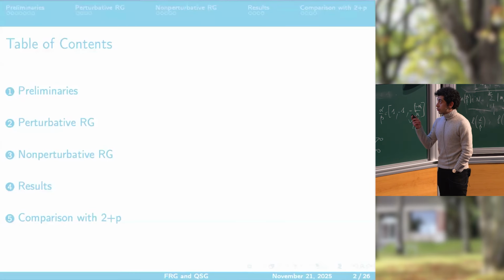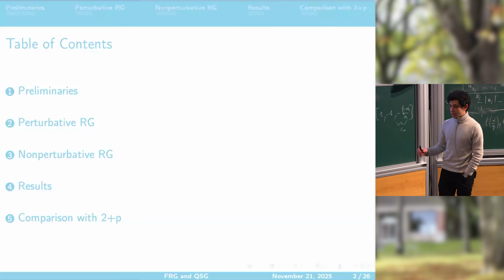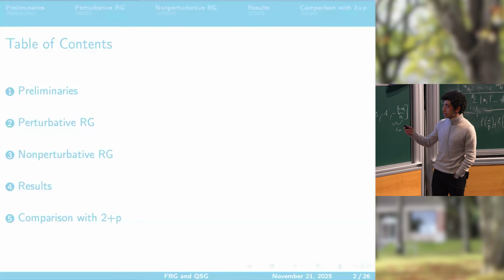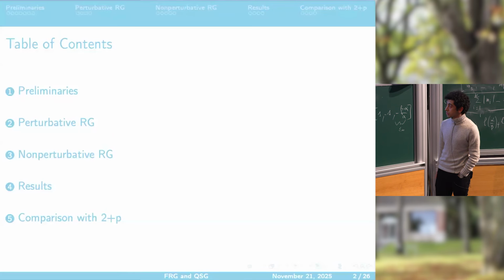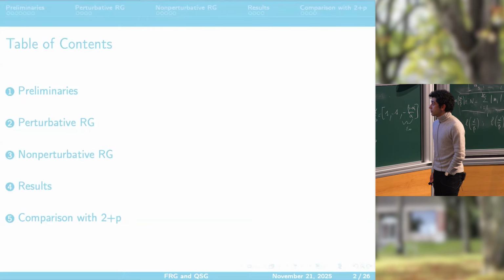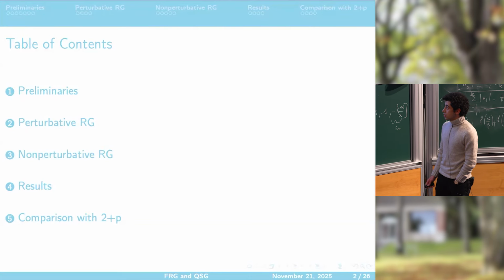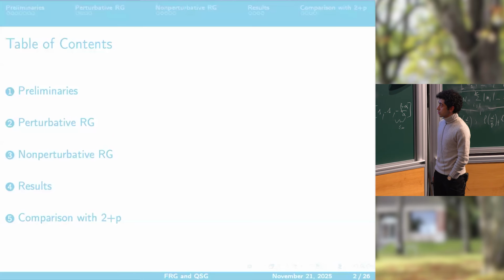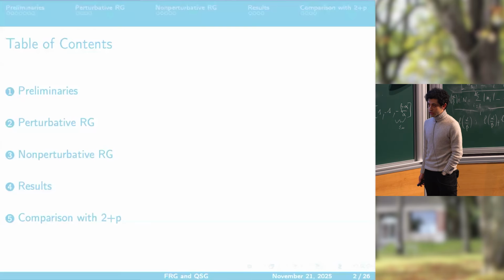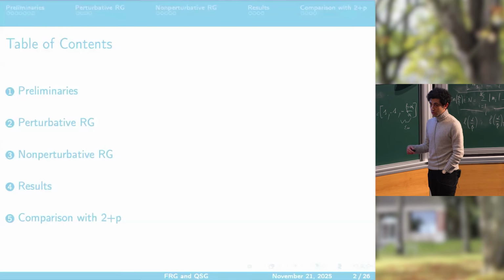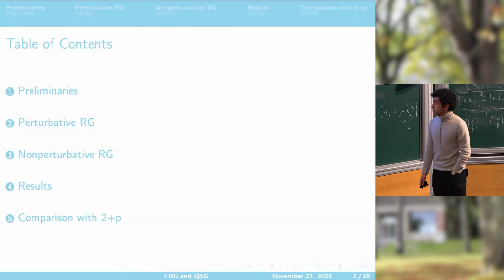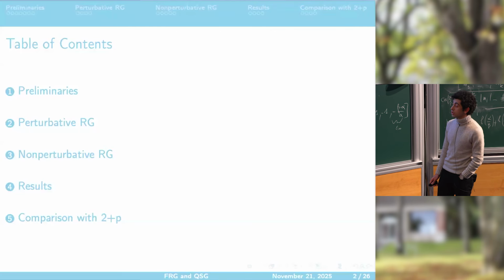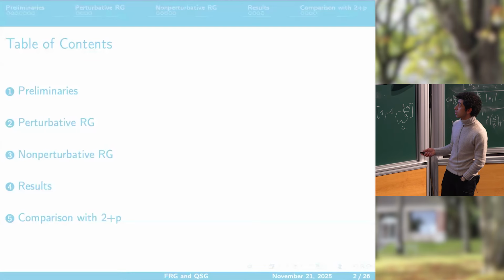Then in part 4, I will give you some quick results of each different method and how we interpret it. And in the very last section, we give a brief comparison with another slightly different model that we discussed in our previous studies and how it is similar to the model that we looked at in the main part.